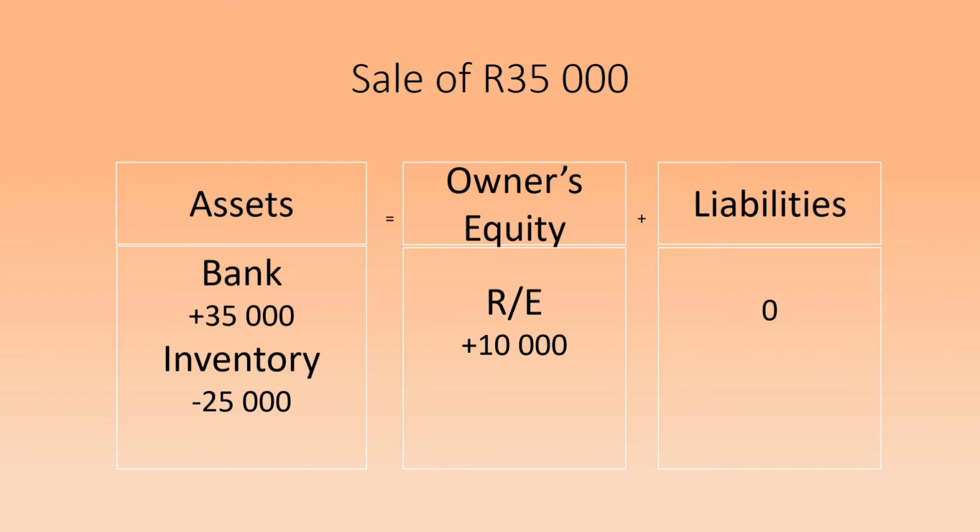Remember, residing in owner's equity is retained income, which reflects future profits. So retained income has increased by 10,000 Rand. The equation is in balance as assets equals owner's equity plus liabilities.